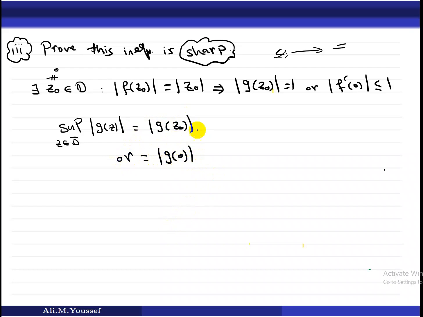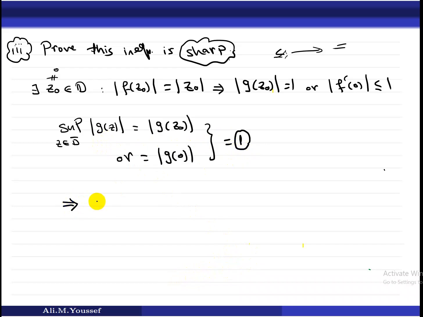But both of them are equal to 1. What does it mean? It means that by using the maximum principle theorem, g is a constant, because the modulus of g is equal to 1.